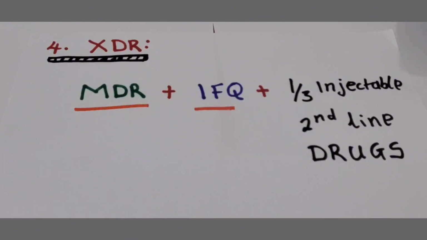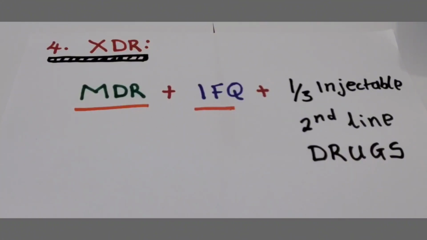So this is the formula to remember extensively drug-resistant TB. It's a sum of multi-drug-resistant TB plus at least one fluoroquinolone and at least one of the three injectable second-line antitubercular drugs, which are capreomycin, kanamycin, and amikacin. You can remember them with the abbreviation CKA.